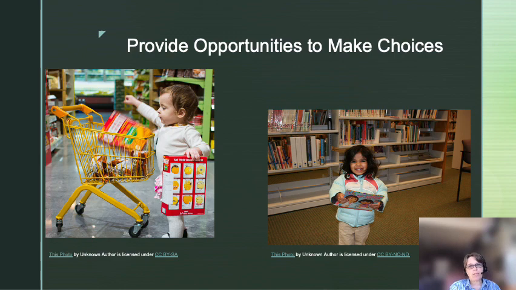So the first one I wanted to highlight is to definitely make sure that you're providing opportunities to make choices for students across the day and across activities. The more natural these choices are in the environment, the better we can teach children how to advocate for themselves, how to request help. We're also learning more about how to teach them how to request things that they need.